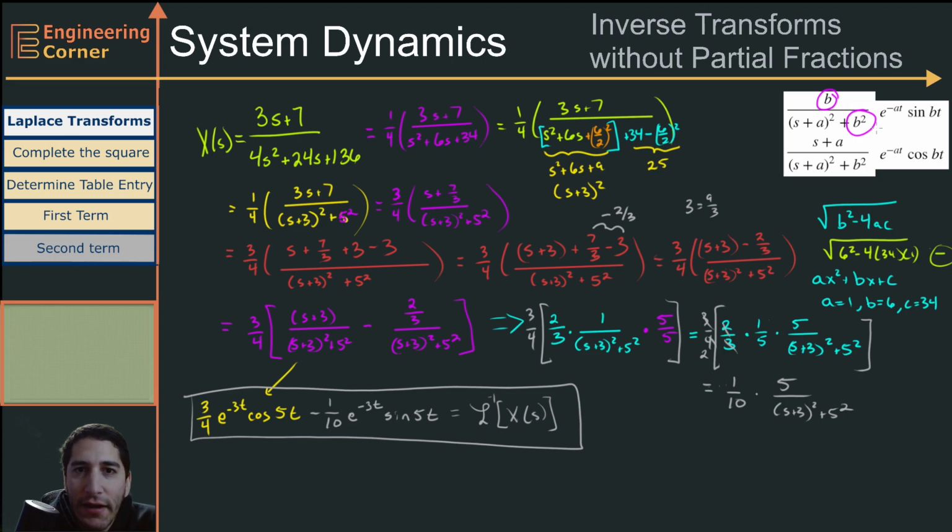Now, I've tried to pick a problem that had a special case in the denominator where we needed to use completing the square, so you can get practice working on those completing the square problems. But hopefully this has given you some insight into how to do an inverse Laplace transform without partial fractions.